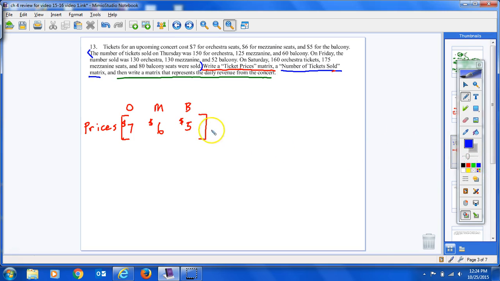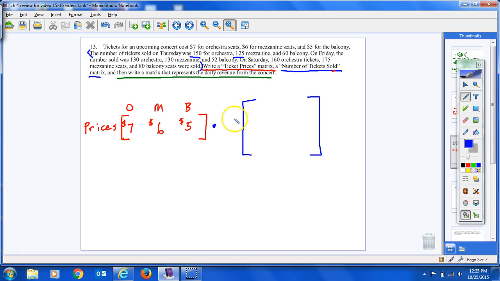Okay, and that's going to be multiplied times this number of tickets sold matrix. All right, and we do have to be somewhat careful here. Make a little bit of room here for labels. Okay, so we need to make sure that when we multiply, for example, the prices of orchestra tickets are being multiplied times the number sold for orchestra, and mezzanine times the number sold for mezzanine, and so forth.